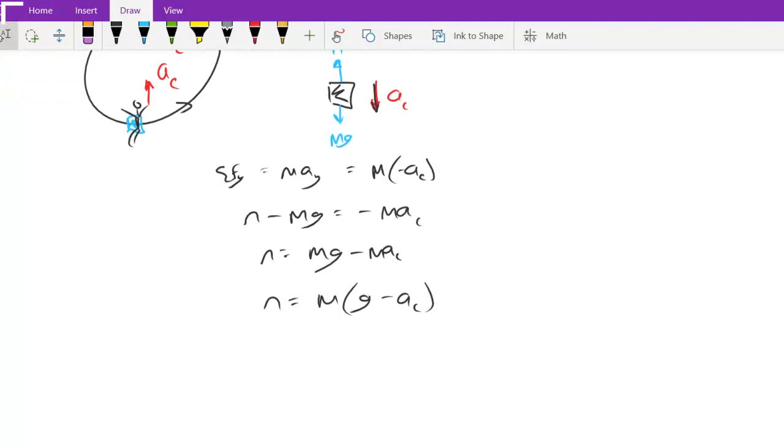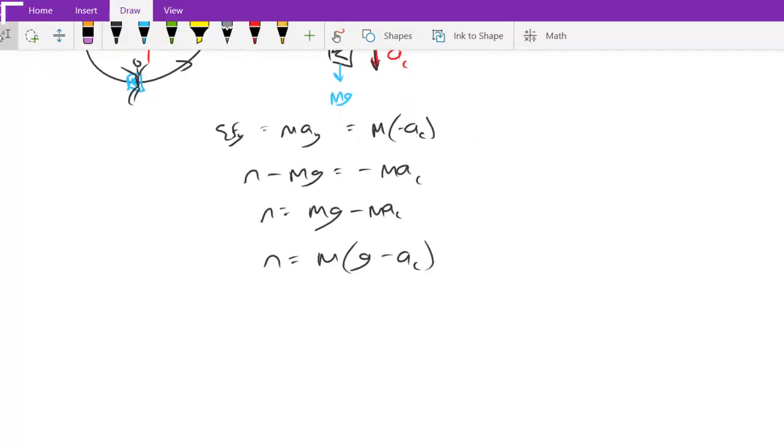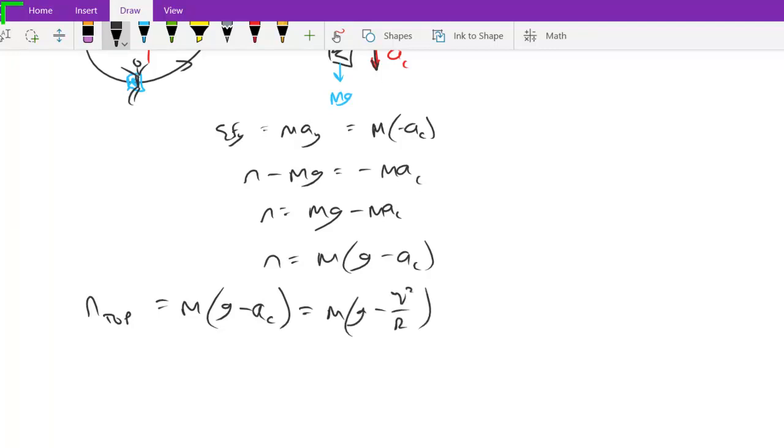So you see that the normal force is reduced at the top. A lot of times we'll say the normal force at the top is mg minus a_c, or mg minus v squared over r, or mg minus 4 pi squared r over T squared.